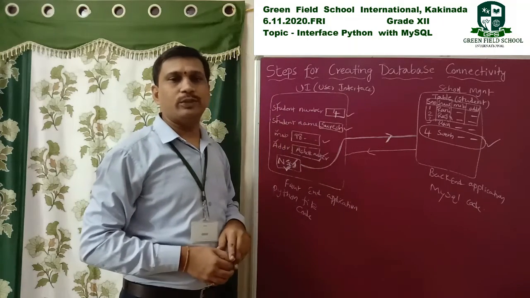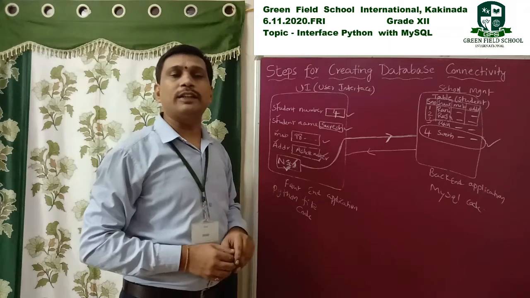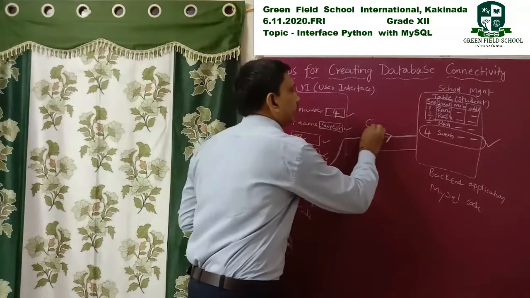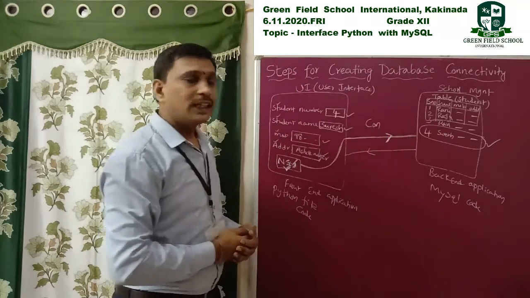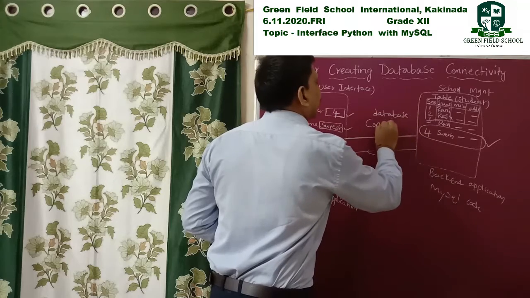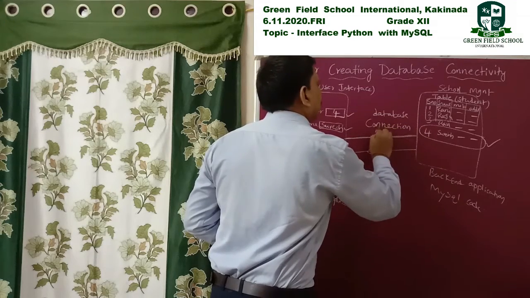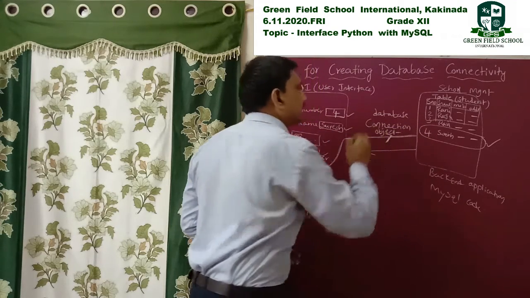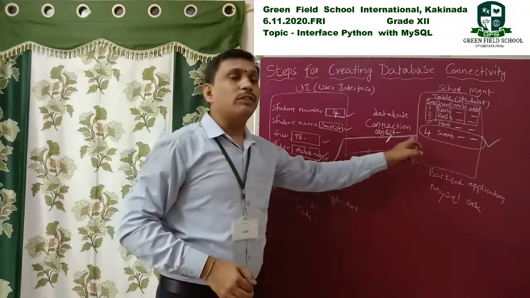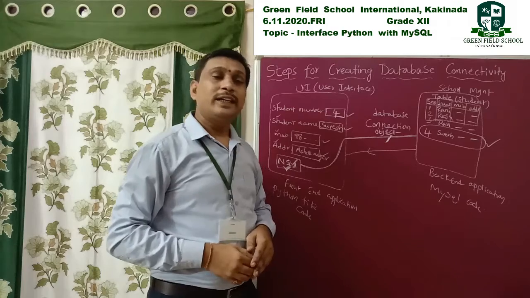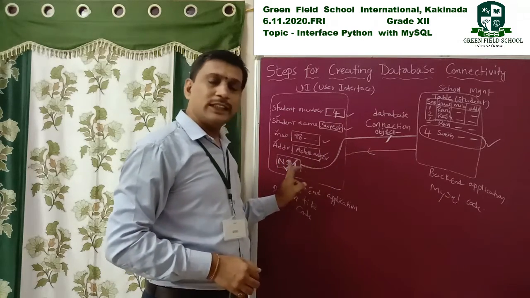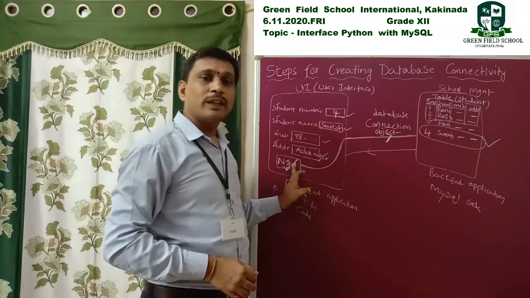All these steps we are using. In the third step, we create one database connection object. By using this database connection object, you send one query. Which query? Insert query. I write the insert query from this application's Python code.